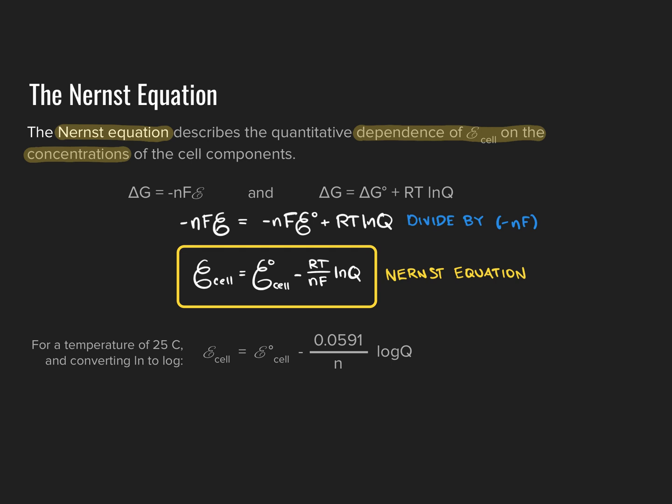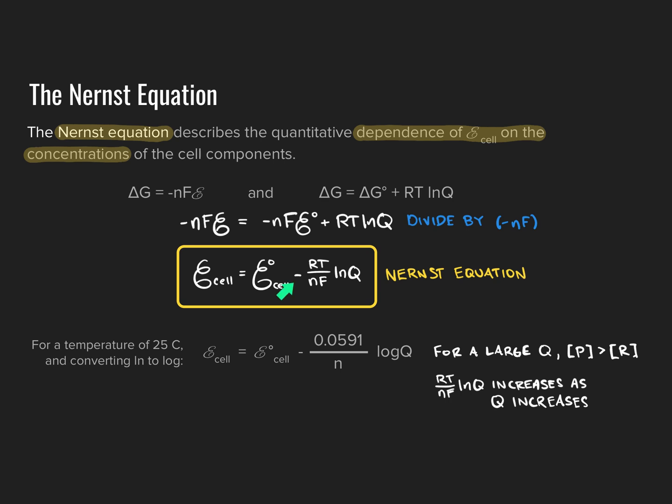Now that we've derived this Nernst equation, let's think for a moment about how it might operate in the real world. Imagine a system with a large value of Q. Q is defined as the ratio of the concentration of the products over the reactants, so a large value of Q implies a higher relative concentration of products in that system. With a larger value of Q, mathematically, the factor RT over nF times the natural log of Q would also increase.